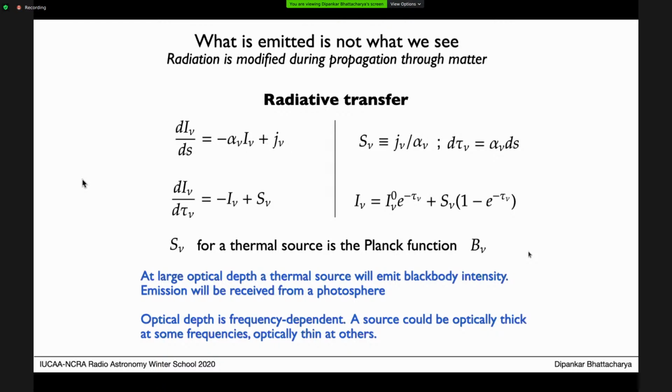So once we introduce this, this equation can be rewritten as the equation below, which is d I nu d tau nu is minus I nu plus S nu.